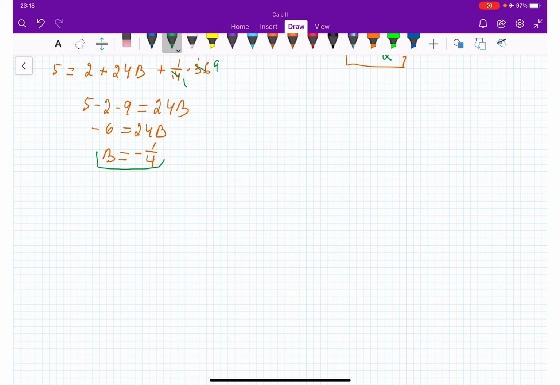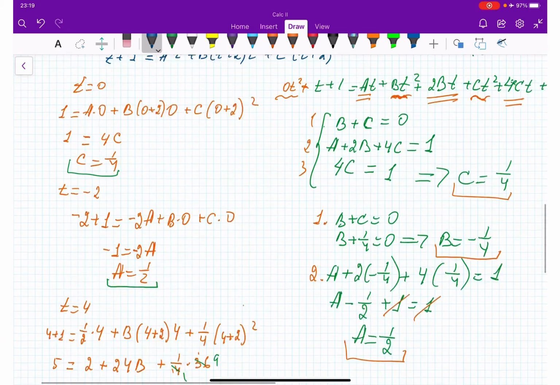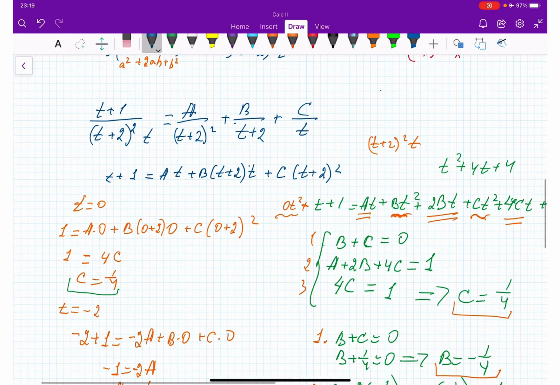All right, so from here, let me write down my original problem one more time. Integral, we have t plus 1, remember, over (t plus 2) squared times t, dt. So we are getting, we had a plus b plus c.